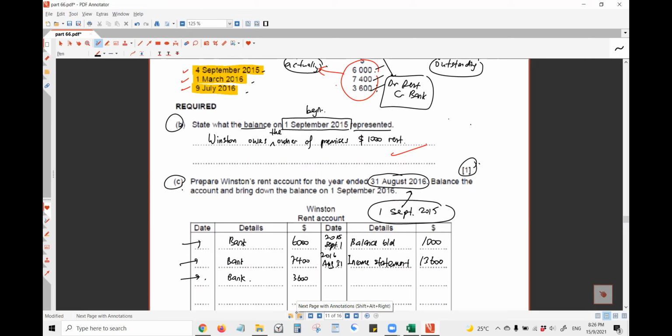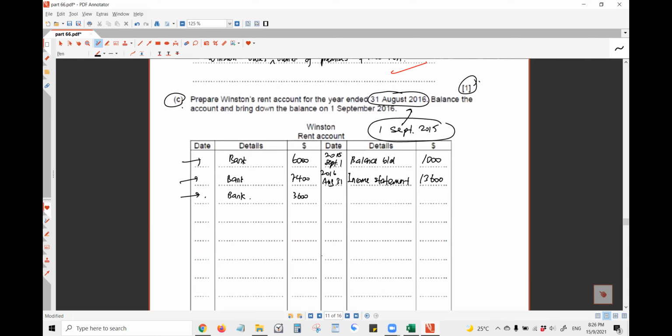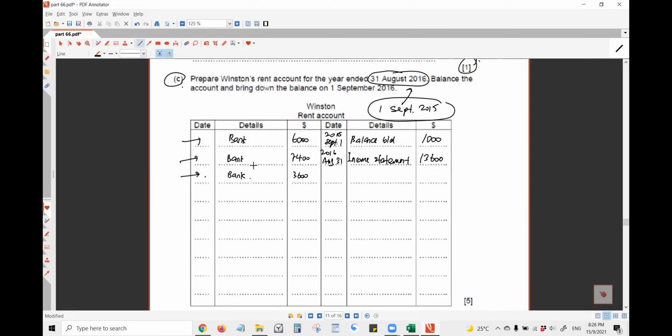Now balance it. You can get the closing balance from doing balancing. Very easy. If you have done all the questions in part 3, then balancing is not an issue anymore to you. So which side is greater? When you cannot easily determine by looking at the numbers, you use your calculator to determine fast.